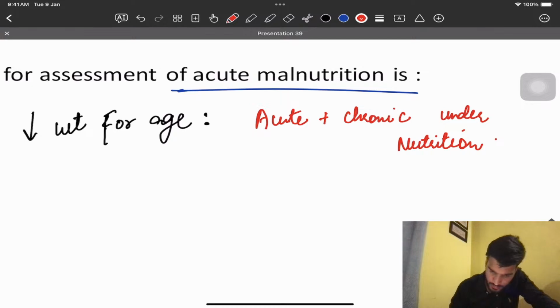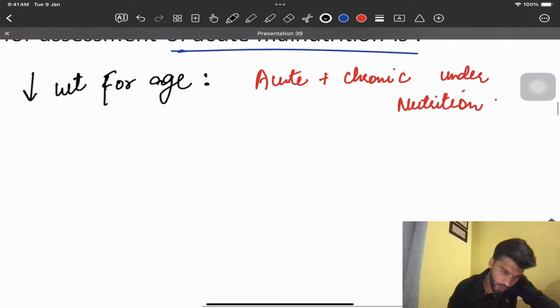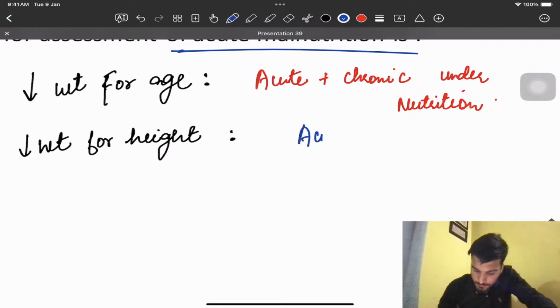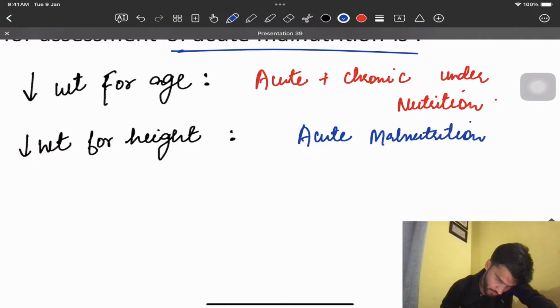Acute plus chronic undernutrition. If I talk about weight for height, decrease weight for height, that is acute malnutrition, or wasting.